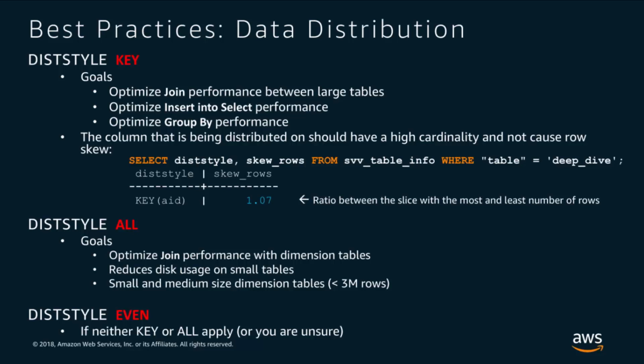And we define a small table as being under 3 million rows. So if you have a small table that you're typically joining to, these are usually dimension tables, then you'll want to pick distribution style all. If the 2 above, distribution style key and all, don't apply, then you'll want to pick distribution style even, which is the default choice.